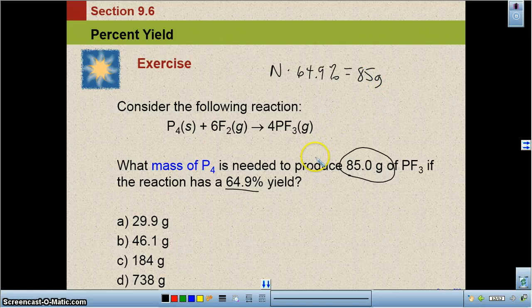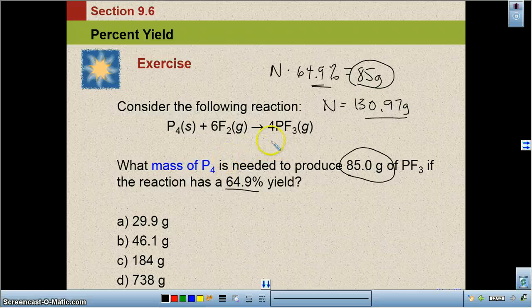And we take 85 divided by 0.649, and what we need to come up with is 130.97 grams, theoretically, because theoretically this is how much we would get, but in actuality this is how much we would get instead, because the percent yield is 64.9%. So this 130.97 grams goes here under the PF3, and what we want to know is how many grams of P4 are we going to need to produce that much PF3.